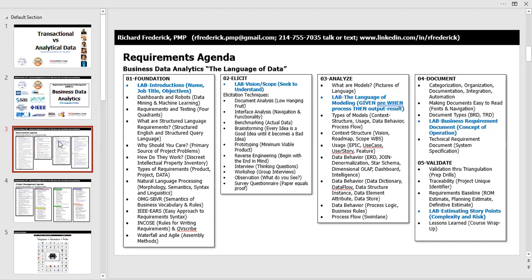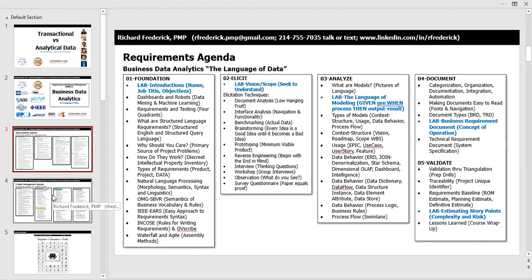Both courses are traditional. Requirements is a traditional course: elicit, analyze, document, and validate. Project management is a traditional course: initiate, plan, execute, control, and close. The difference is that as opposed to the exercises or examples being product or process, the examples I use focus on data or digital transformation, business data analytics.